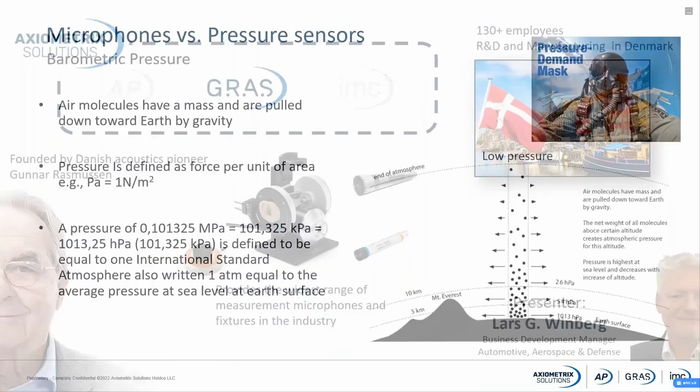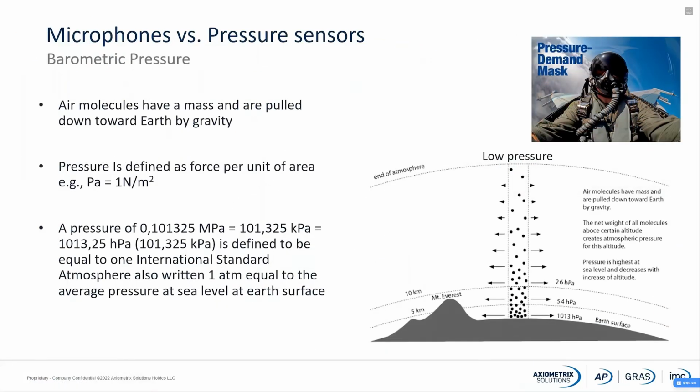So now we are going over to the real interesting stuff here. The presentation is called Microphones versus Pressure Sensors. So let's first discuss a bit about what pressure is and what the different terms are in this world. Well, first of all, if you take the Earth, you have a lot of air molecules, and these air molecules are by gravity sucked down to the Earth.